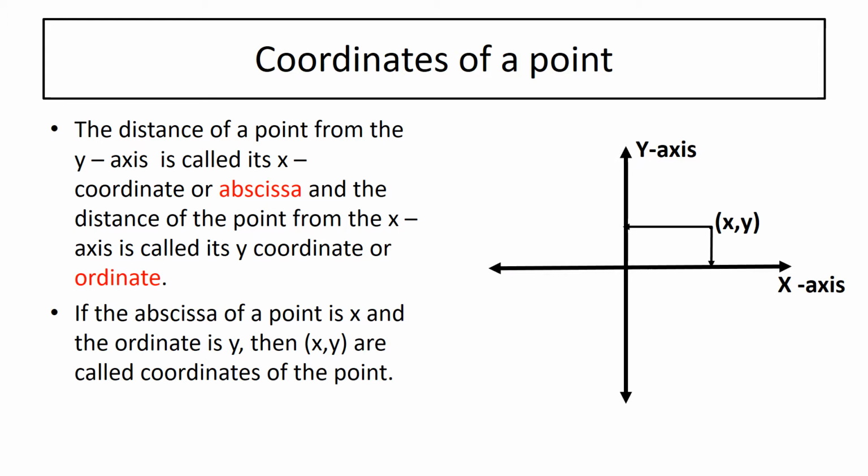So if the abscissa of a point is x and the ordinate is y, the coordinates of this point will be given by (x, y). Here the x-coordinate is always written first and the y-coordinate is written second.